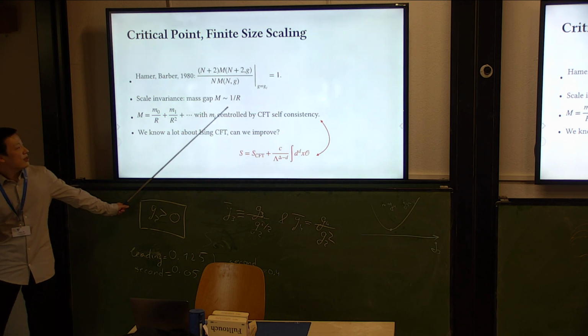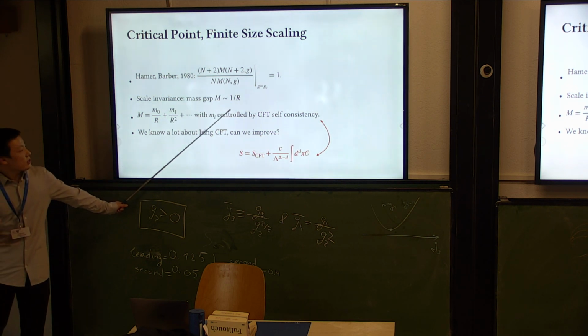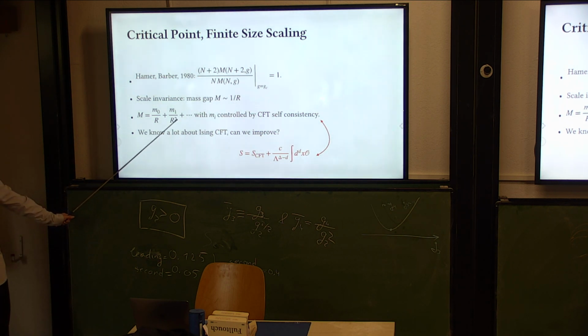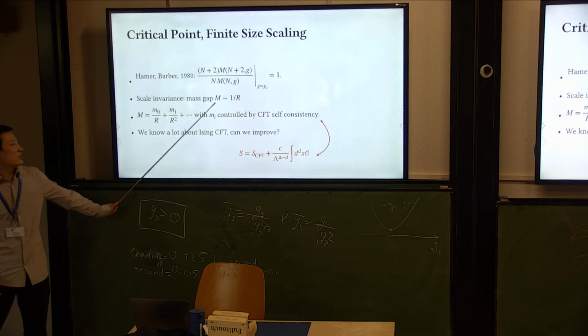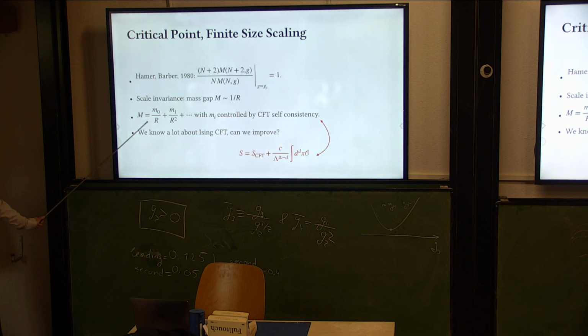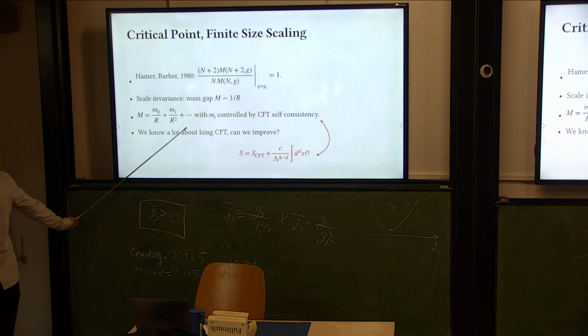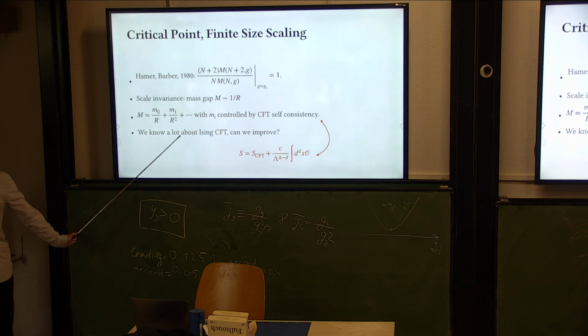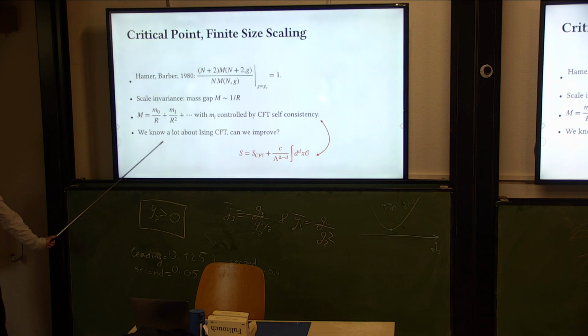But in the real world, since we're simulating on a lattice, we're never going to see this 1 over r behavior perfectly clean. We see it quite clean, but there will be breaking of this scale invariance because we have some lattice scale set in.